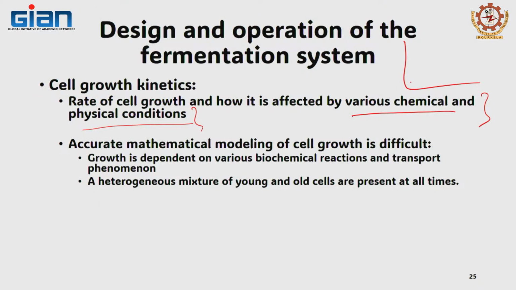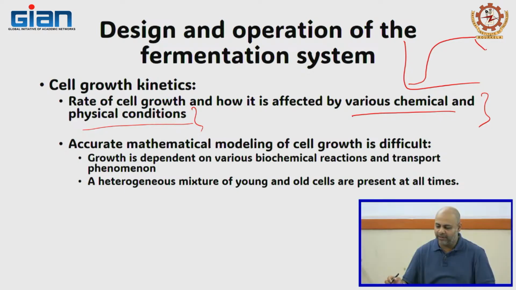Now, when we are having the growth kinetics, as we said, the growth curve looks more or less like this. You have your death phase at the very end, you have your lag phase, this is your log or the exponential phase, and this is your stationary phase.